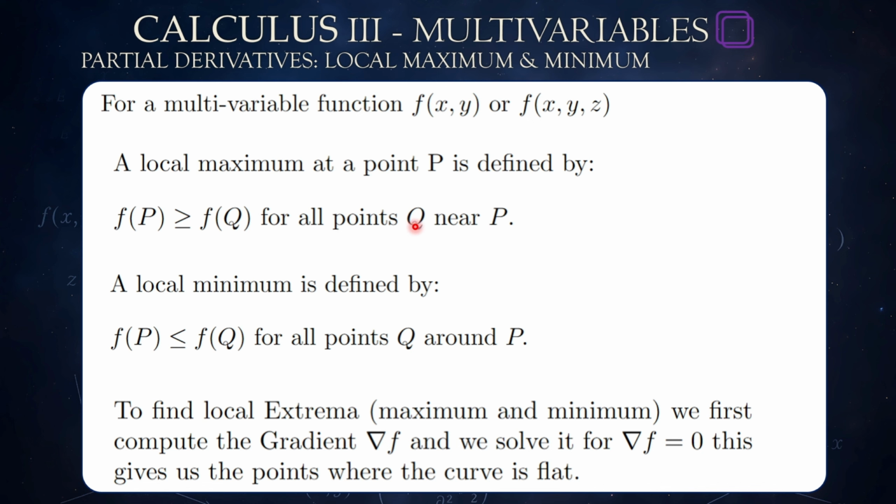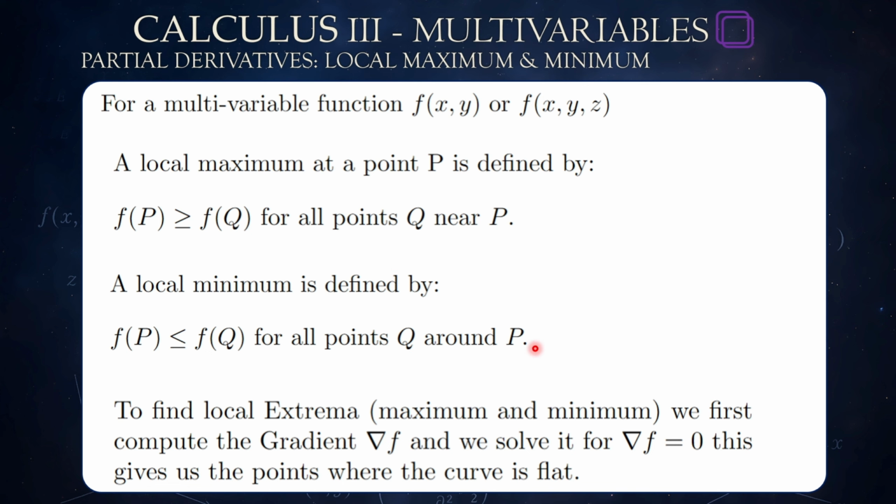It's equal or greater than f(Q). A local minimum is the actual opposite, defined by f(P) less than or equal to f(Q) for all points Q around P.